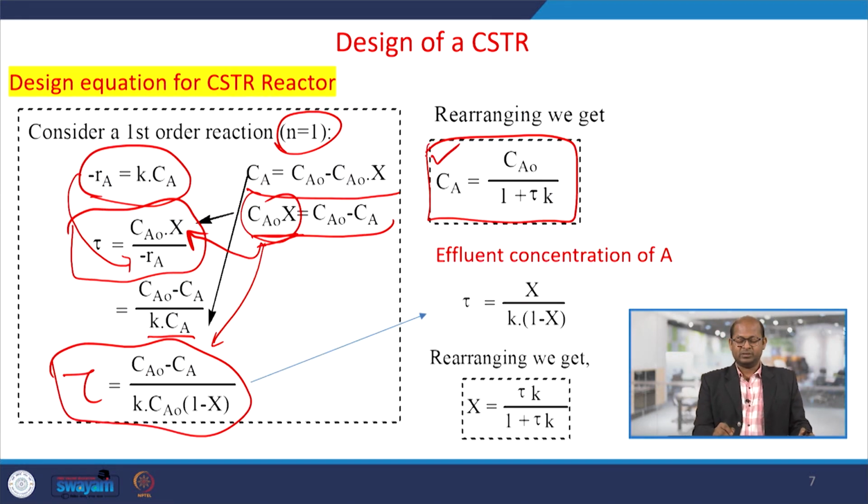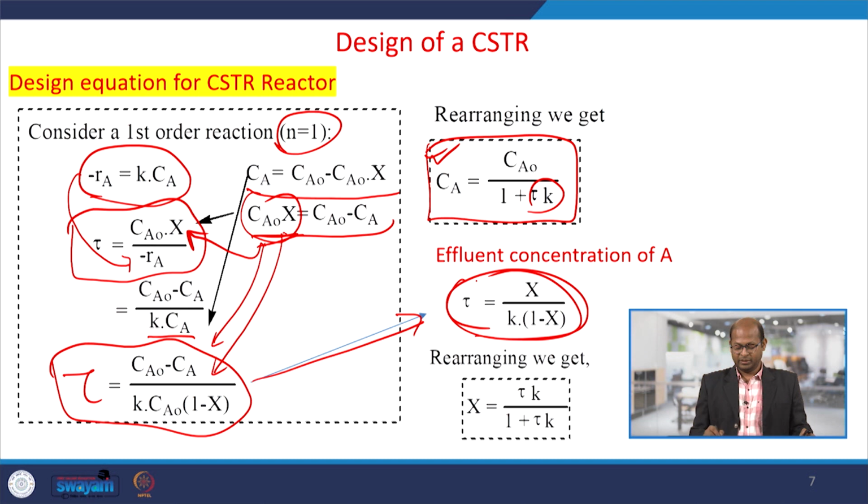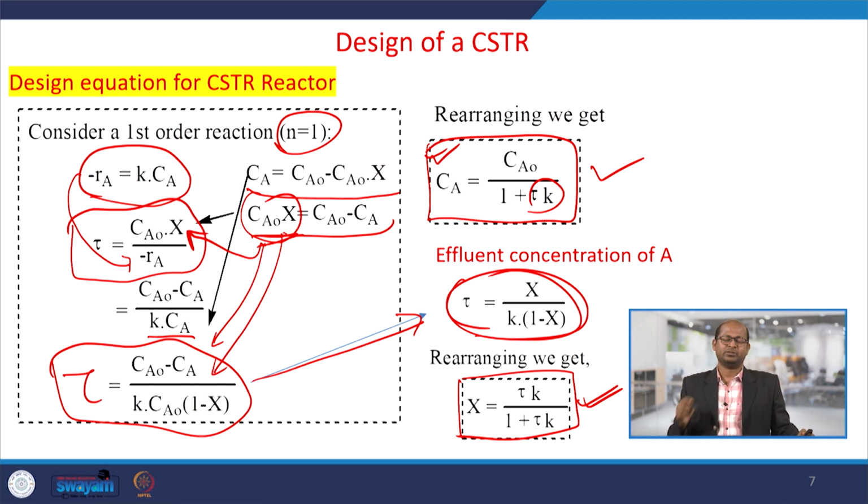So, the final concentration at the outlet or the exit of the reactor, the concentration of component A, would be C equals C A naught by 1 plus tau K. Or we can write this in terms of conversion also, since here you can substitute this in terms of this. After rearranging, either this way or this way, X equals tau k by 1 plus tau k. This is how space time and conversion are related.